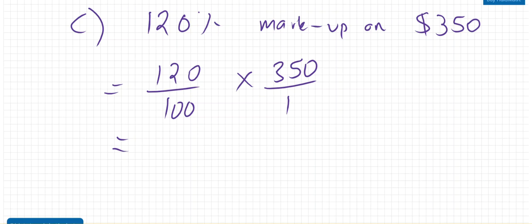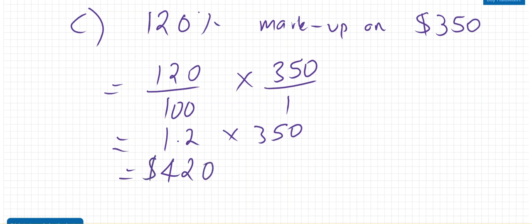So 120 divided by 100 is 1.2, times 350. Straight away, my number is greater than 1, so I'm going to have a number greater than 350. So 1.2 times 350 leaves us with 420.